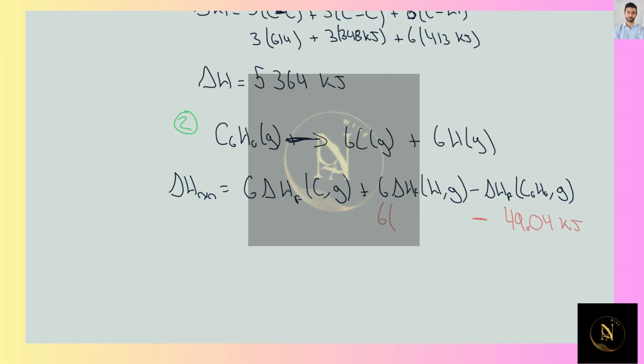In the case for carbon as a gas, actually let's go first with hydrogen gas. For hydrogen as a gas it is equal to 218.2 kilojoules.